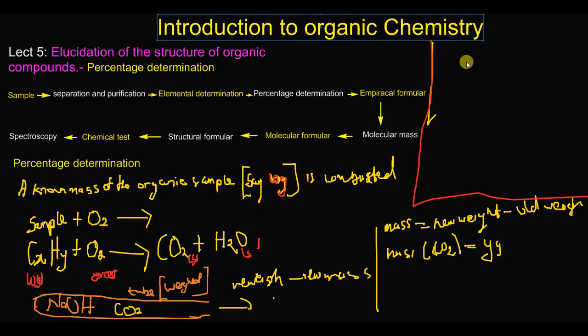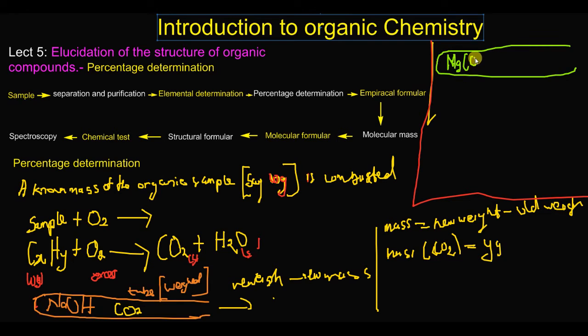Now, you also use a previously weighed tube. Let me change the color to green. You pass a previously weighed tube containing something that can absorb the water, and that is magnesium oxochlorate.